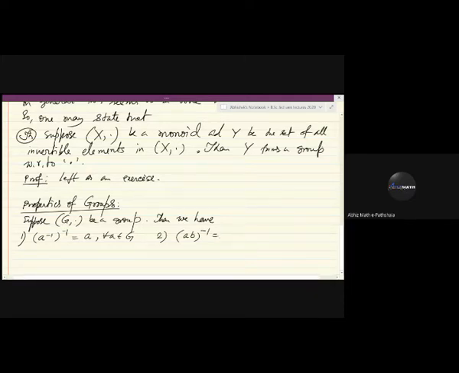This will be B inverse A inverse. This is true for all A, B belongs to G.